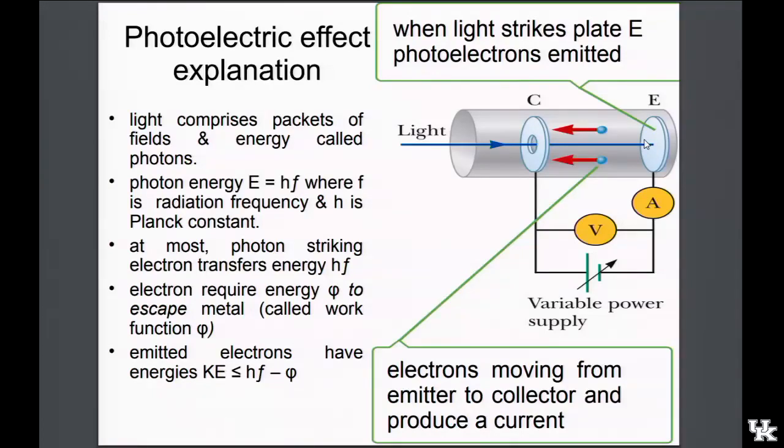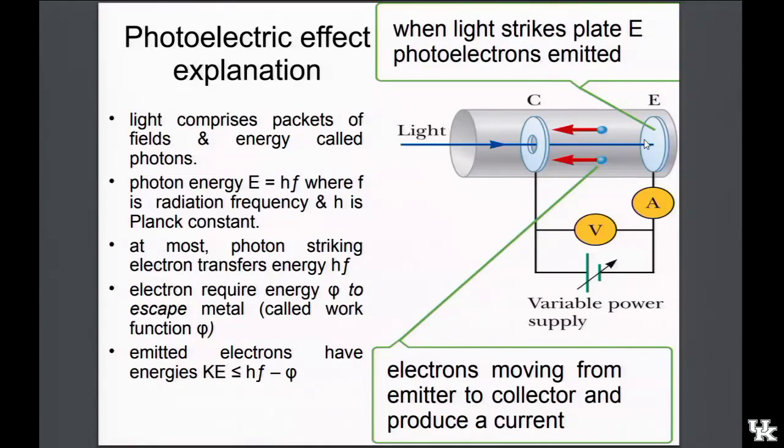This K_e, what is K_e? K_e is the kinetic energy of the electron that gets emitted. If we ignore the phi for a moment and just look at this bit, it says that a photon brings in some energy, hf, the energy it carries. It strikes an electron, and that electron could be given as much energy as the photon owns.